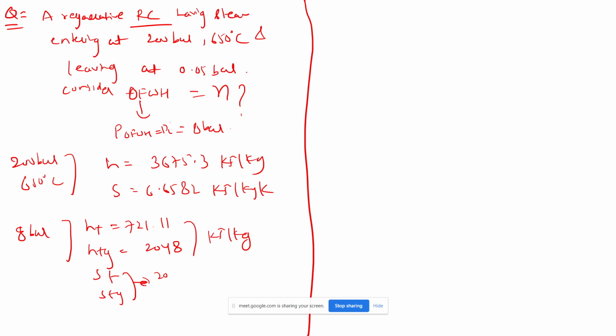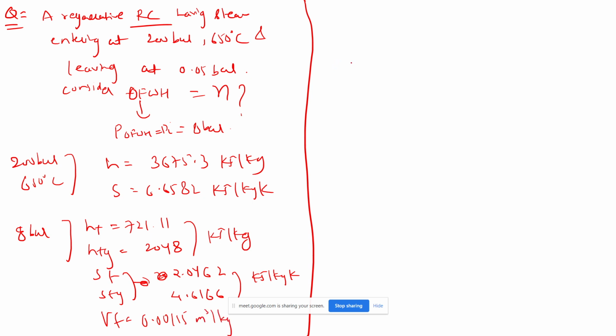What is the value of SF? 2.0462, and SFG 4.6166, both of them kilojoule per kg Kelvin. Also VF is mentioned: 0.001115 meter cube per kg.